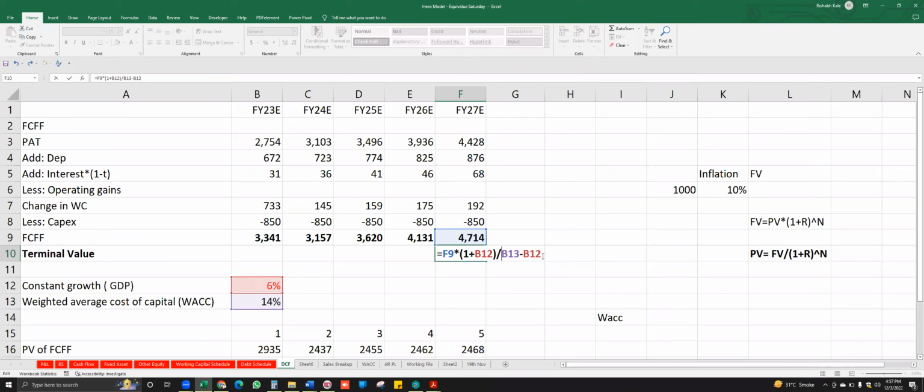Now WACC can never be less, huh? It will never be less. Practically it can never be less. If it's less, what does it mean? That you are getting a loan at 2% and you are earning 5%.